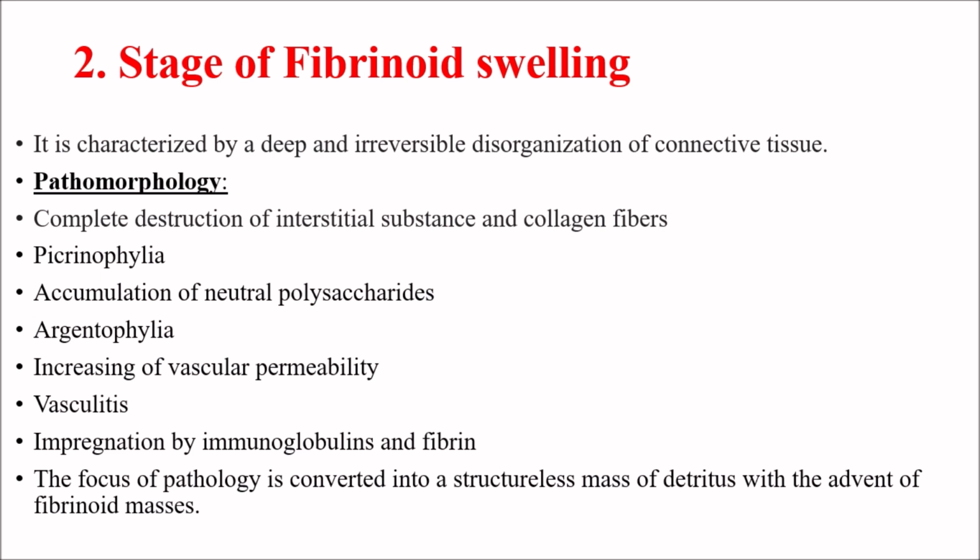This argentophilia, picrinophilia, is the ability of staining with some stains, such as the picrin, such as the argentum salts, the increasing of the vascular permeability, vasculitis, that is inflammation of the blood vessels, impregnation by immunoglobulins and fibrin. And the focus of pathology, or the focus of the damaged area, here is converted into a structureless mass of detritus with the advent of fibrinoid masses.